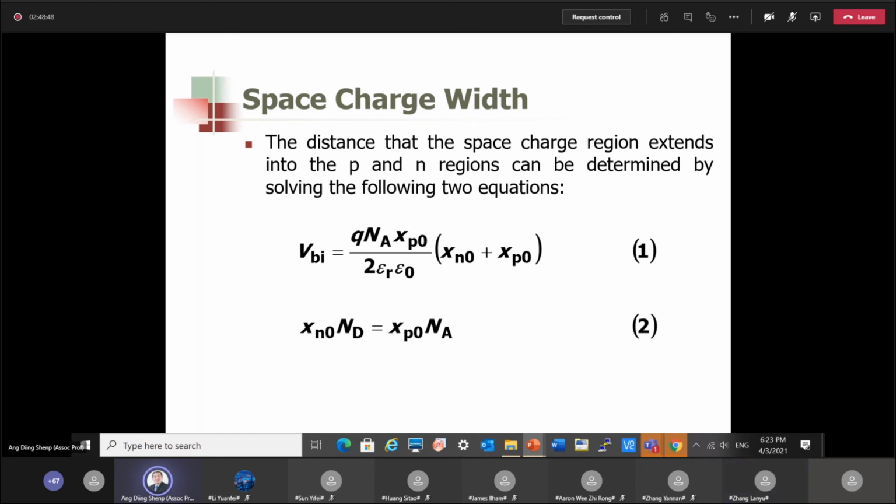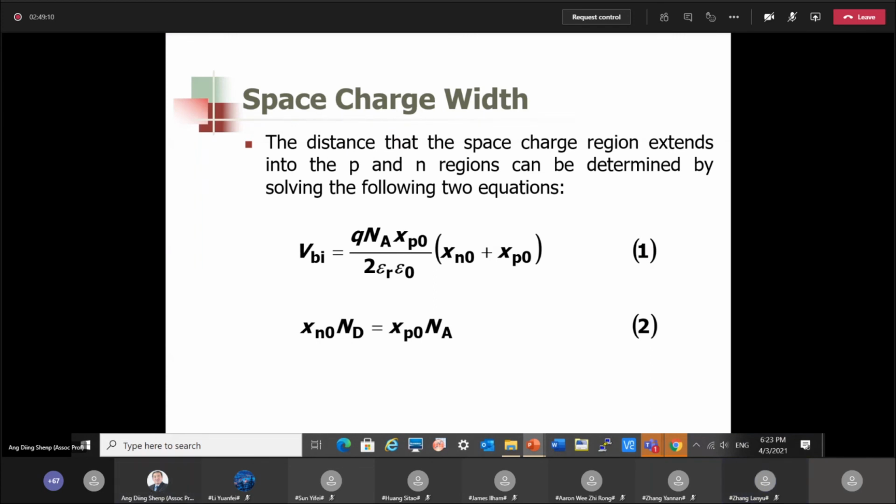So the range of doping is about 10 to the power 15 to 10 to the power 18, right? Within this range, you'll see that VBI doesn't change very significantly. Yes, I see. Thank you.